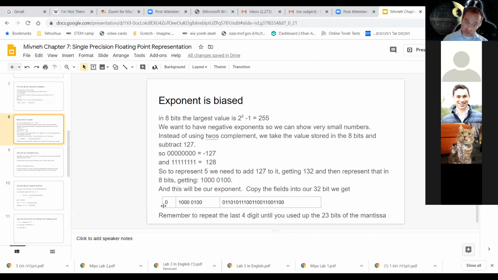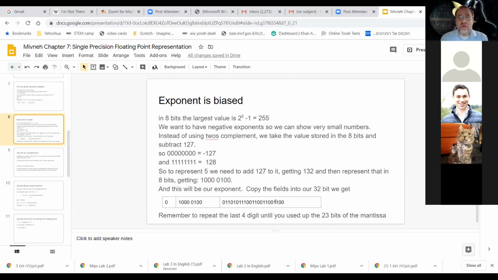If I put a 0 here, it's positive. And if I put all zeros here, I should know to append a 1 in front of it. So it should be 1 times 2 to the power 0, which is 1. If I write all zeros here, it should be 1.